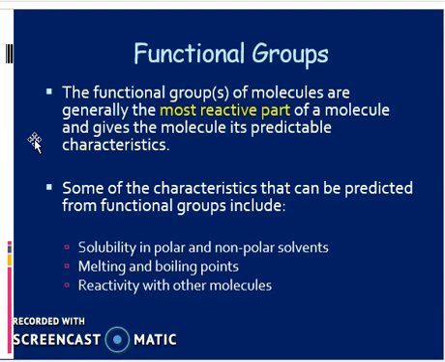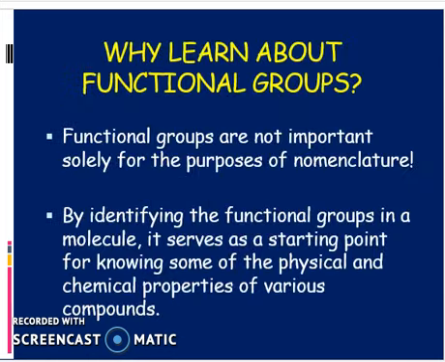But as soon as you start seeing different atoms or different elements that change up the polarity, you can start having changes. And as I mentioned, there's a few listed here: solubility, melting, boiling points, and also reactivity. So don't worry so much about the specifics. Once we start looking and focusing on one functional group at a time, we're going to be mentioning how it will change up the structure.